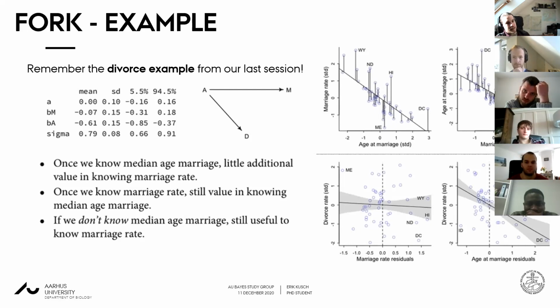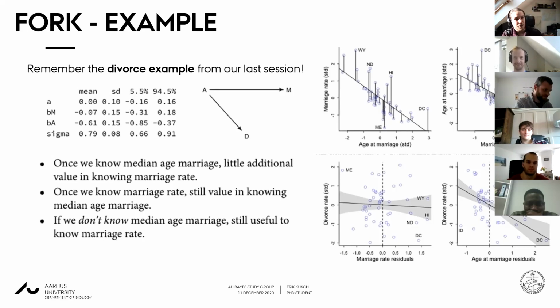The fork in this case is that age drives marriage rate, because the more time you're alive, the higher chance you have to find someone you feel like marrying, or your parents pressuring you might be another factor. But also, the older you get, the more tired you might become of your partner, and you might want to have a divorce. I know that sounds very bleak. I'm not an expert on this, so don't quote me on any of this. But that is the fork that we get from this.